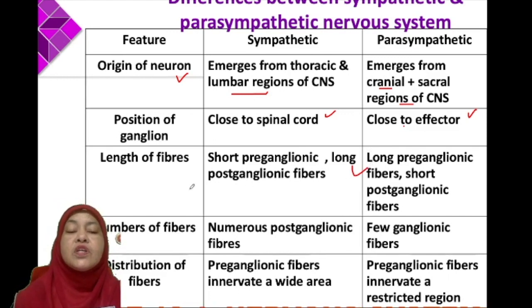Then talking about the number of fibers. The sympathetic involves a numerous number, whereas the parasympathetic only involves a few ganglionic fibers.